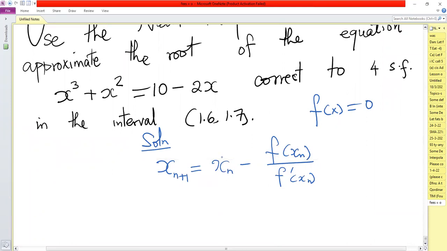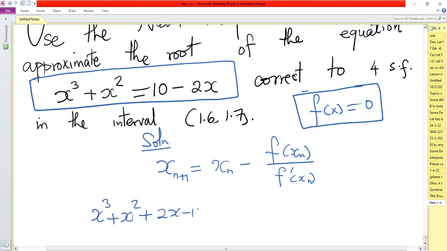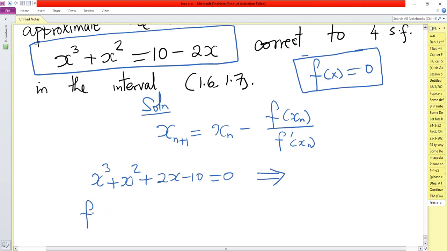So let's rewrite the given equation in this form. We do that by simply taking every term to the left. So we have x cubed plus x squared plus 2x minus 10 equals 0, which means that our f of x is x cubed plus x squared plus 2x minus 10.